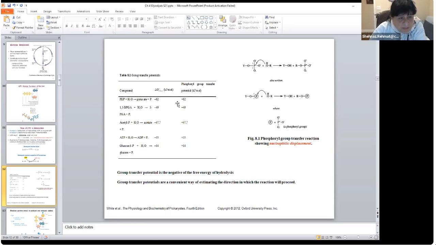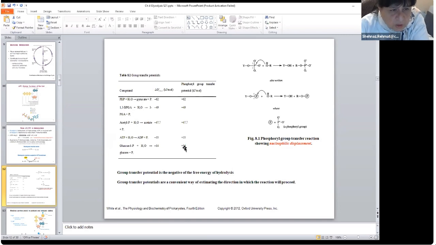So sometimes PEP will be used to drive reactions. There is another one which we will come across, the phosphoglyceraldehyde, glyceric acid 1,3-bisphosphate, which has a plus 49 phosphoryl group transfer potential. Your acetyl phosphate again has a higher one than your ATP.